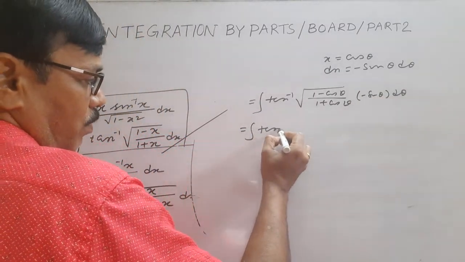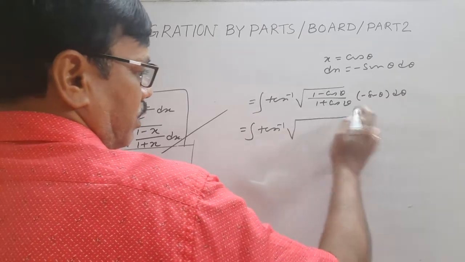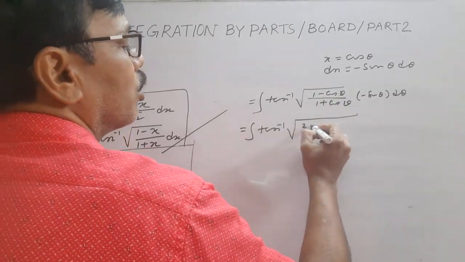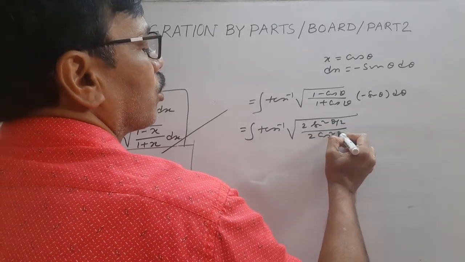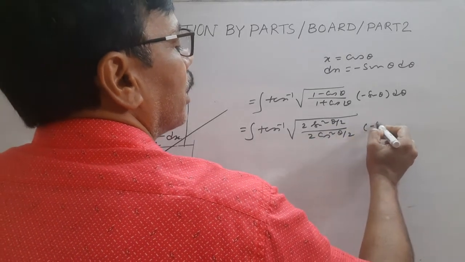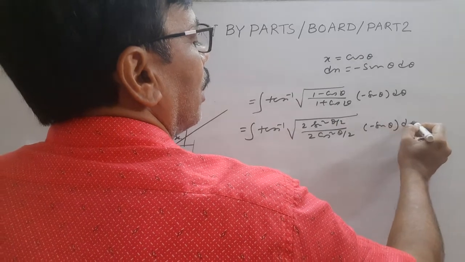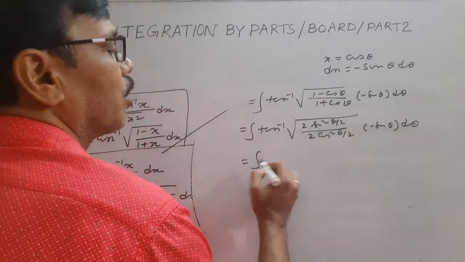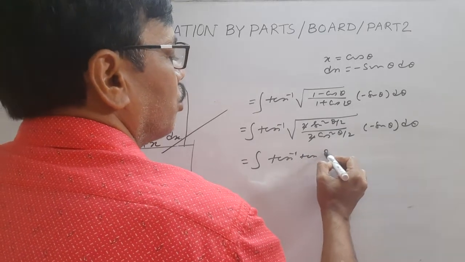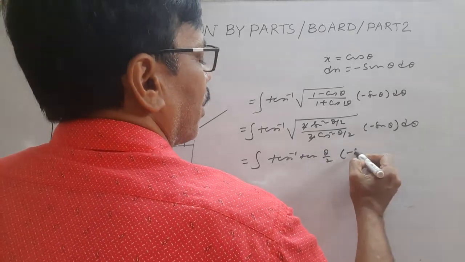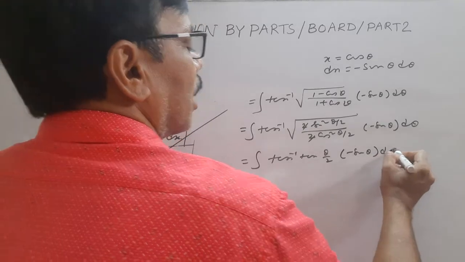So what is our main aim? To express the root in terms of tan: 2 sin square theta by 2 over 2 cos square theta by 2, into minus sin theta. So tan inverse tan theta by 2, then minus sin theta dθ.